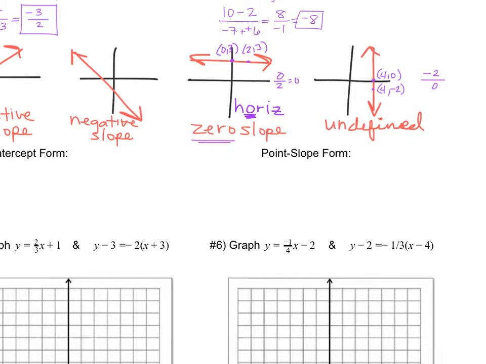It's horizontal, and then it's y. Oh, because horizontal is y equals. And the vertical is x equals. That'll come in handy later.